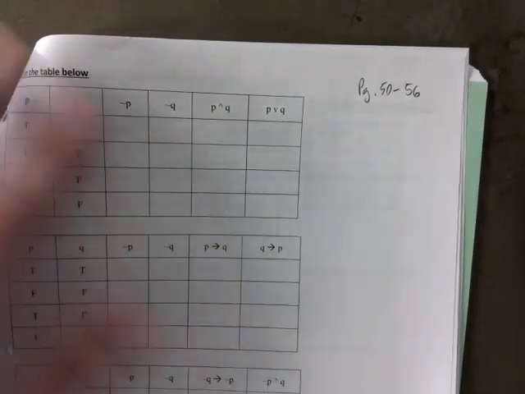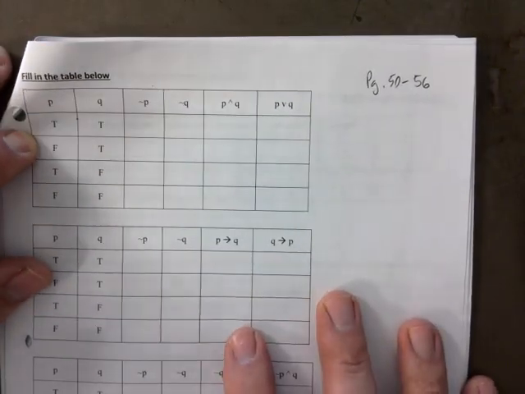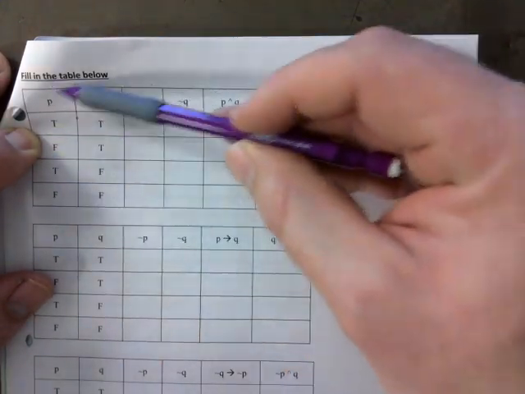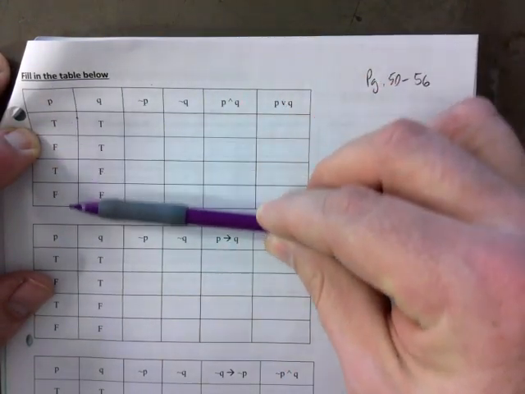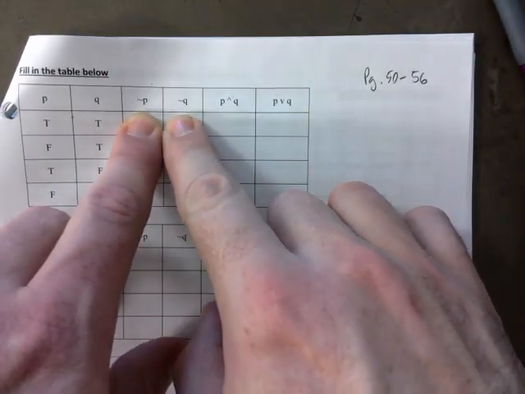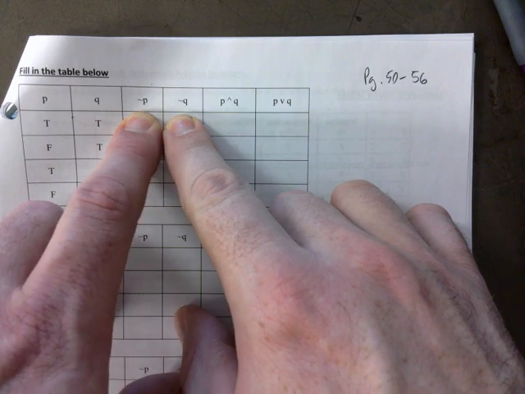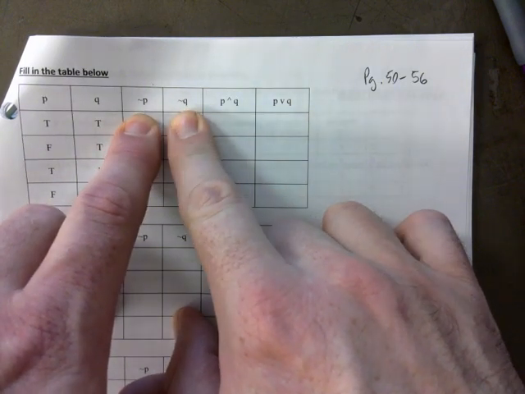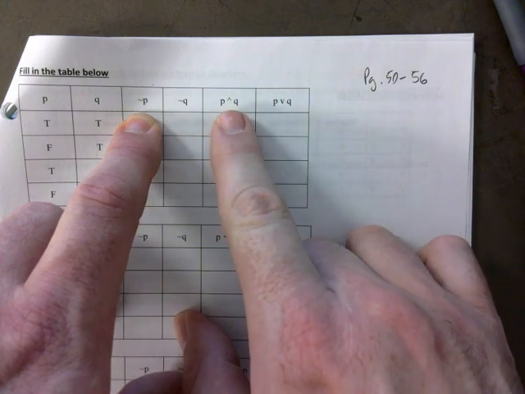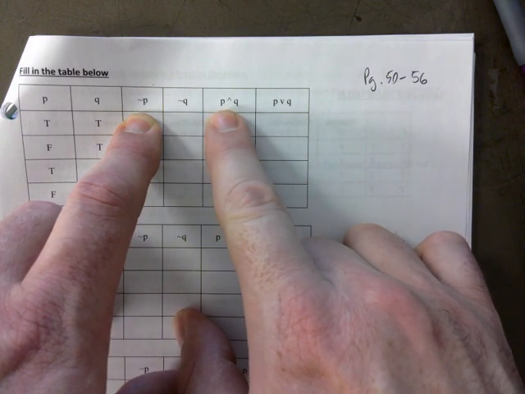Let me help you with this, set you up here. So on page 50, I give you the P and the Q, and I give you the 4 cases, and I give you some slots to fill in, in this case, the knots. All right. And then I will also ask you, what's this saying?